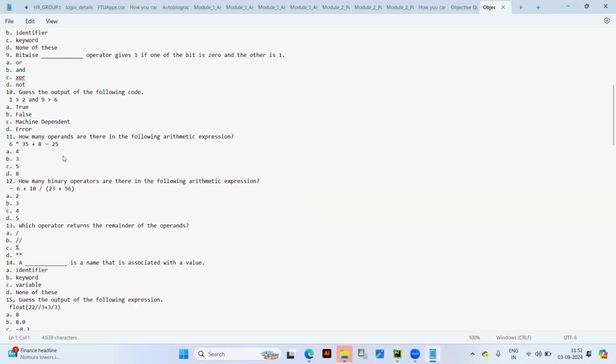Similarly, if you go down, 1 is greater than 2 and 9 is greater than 6 is a relational operator.